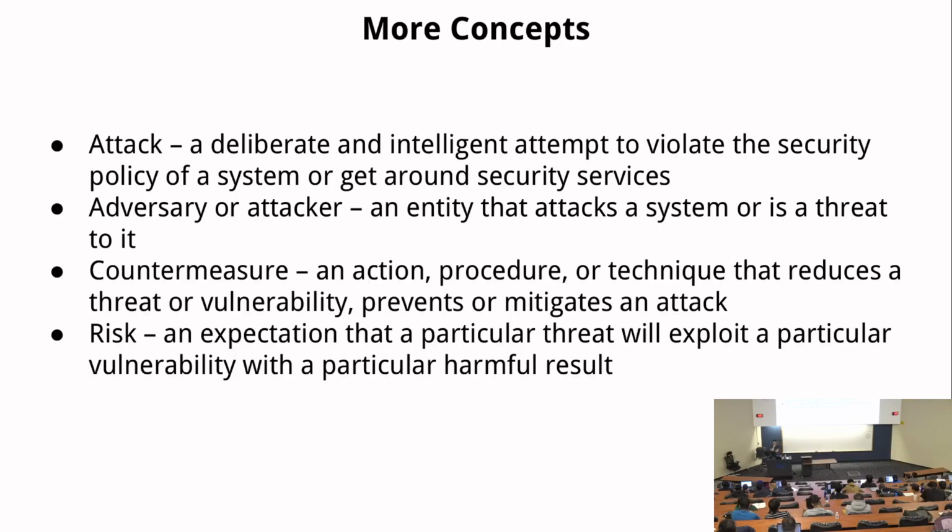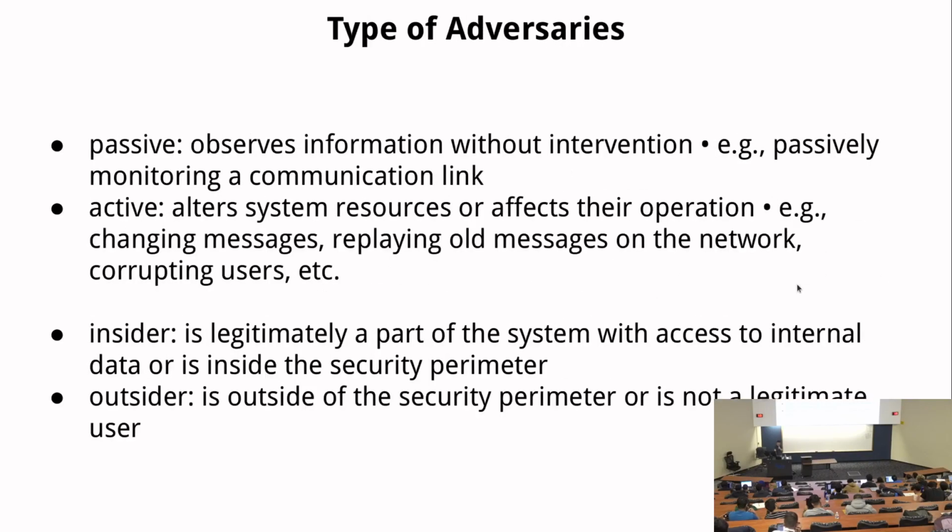A countermeasure is an action, a measure, the controls that reduce a threat or vulnerability. And a risk is an expectation that a particular threat will exploit a particular vulnerability. So those are the concepts we will use throughout the semester.